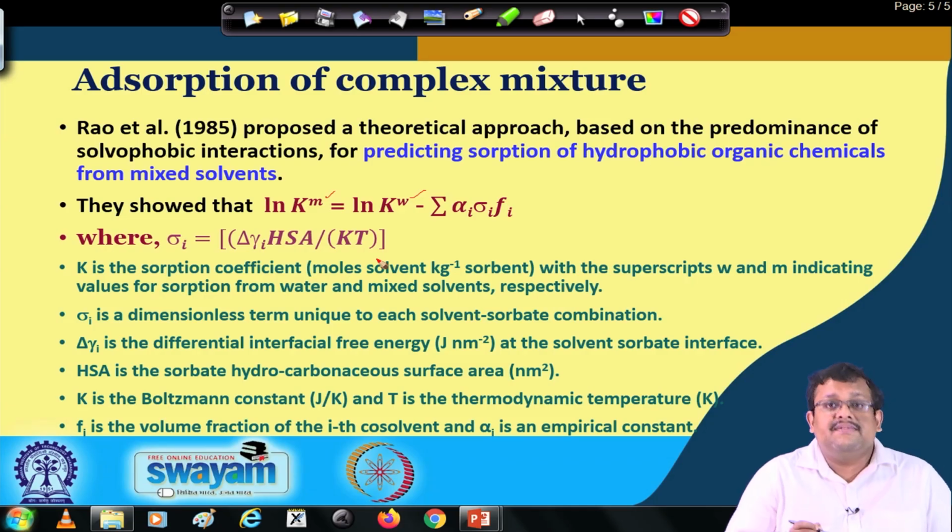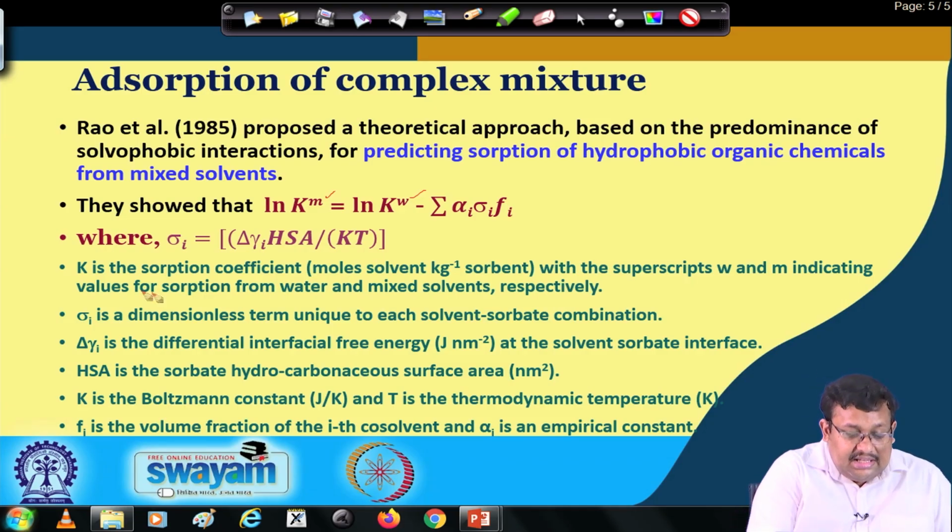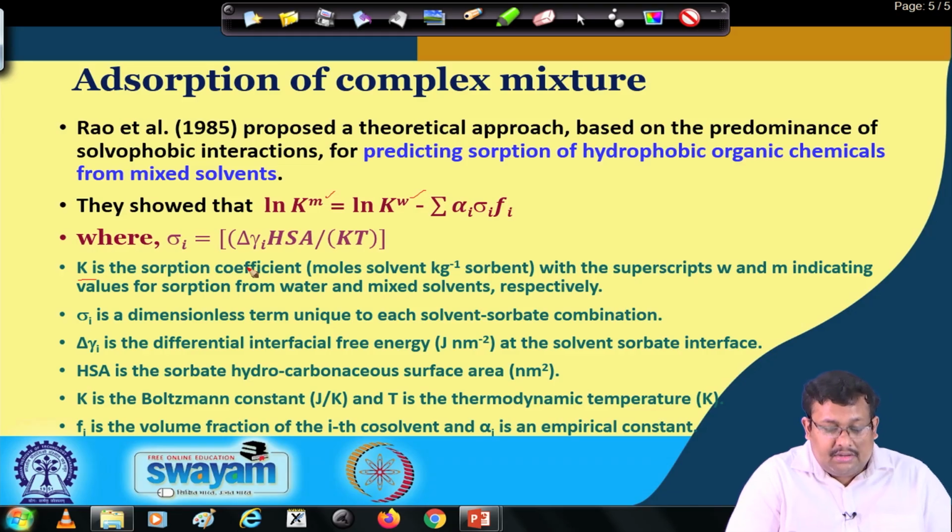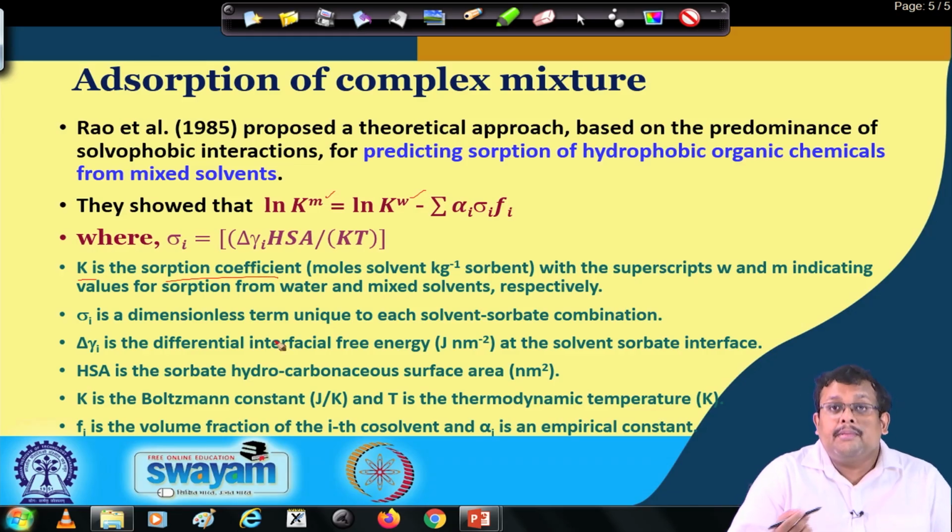Now, let us define all these terms. Here K is the sorption coefficient, and the unit of the sorption coefficient is moles of solvent per kg of sorbent, and here we have used two superscripts, M and W. M stands for the sorption from the mixed solvents, whereas W stands for the sorption from water.